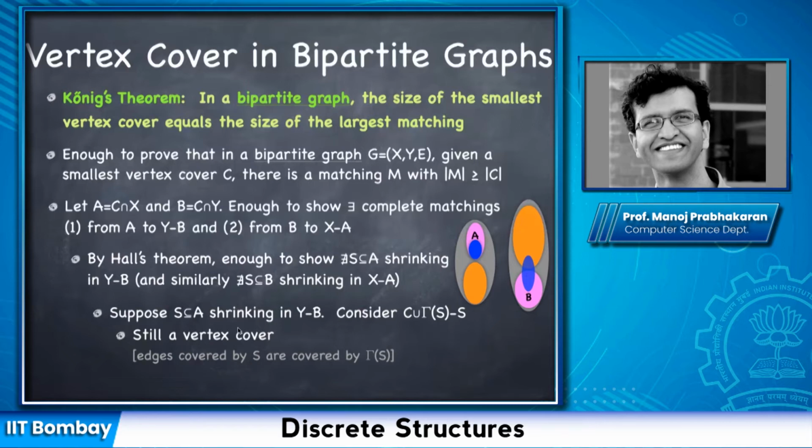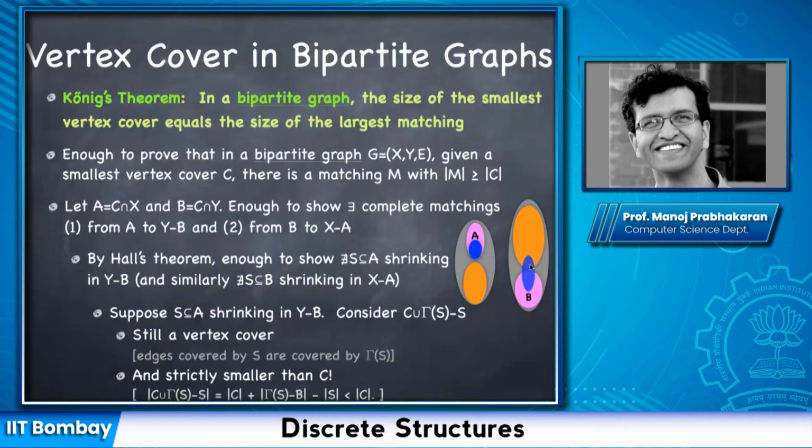On the other hand, I claim that it's actually a smaller vertex cover. Remember I removed S, so the new vertex cover has lost all those vertices, and gained all of gamma S, but actually some of it was already in the vertex cover. It's only these new vertices which are in gamma S but not in B, the vertices in gamma S that are in Y difference B, that I added.